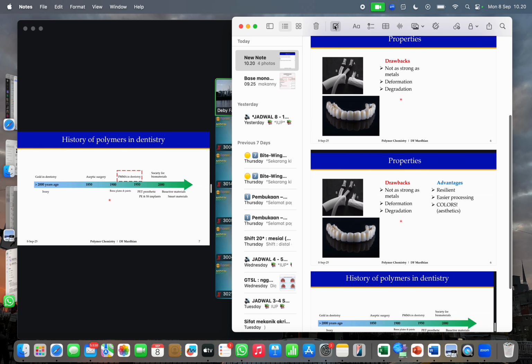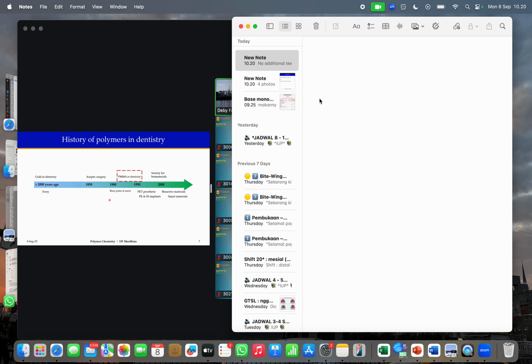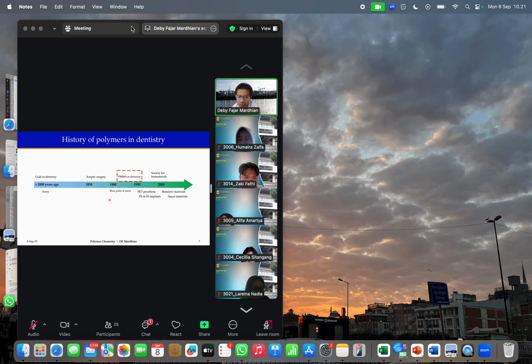And then polymers were developed further, and thus we now have PET or polyethylene terephthalate, and then PE or polyethylene, and some other advanced polymers like polyether ketone, and so on.